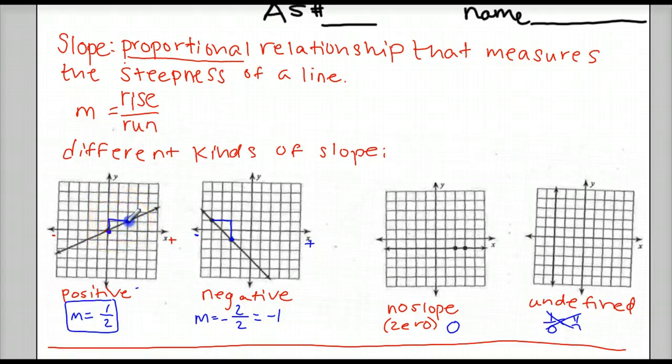Now in a different color, I'm going to rise 1, go over to the right 2, because I'm positive. Isn't that the same? This is proportional, meaning it's the same little triangle here as the triangle here. And look, if I started down here, on this point here, I would rise up 1, go over 2. And there's my next point. I would rise up 1, and go over 2. Proportional just means that this pattern repeats itself along this entire line, and it will work for every single line we do today.